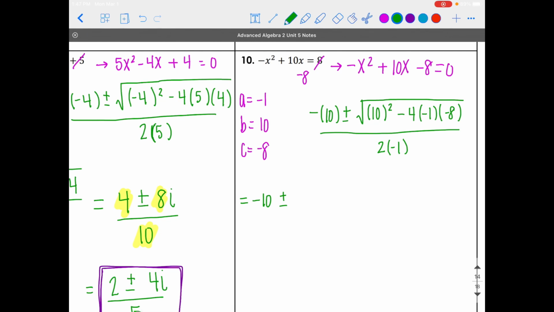So this gives us negative 10 plus or minus the square root. We need to type all of that in. 10 squared minus 4 times negative 1 times negative 8. We get 68, all over negative 2.